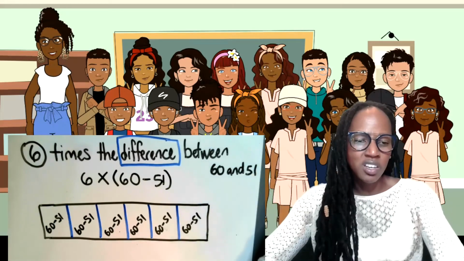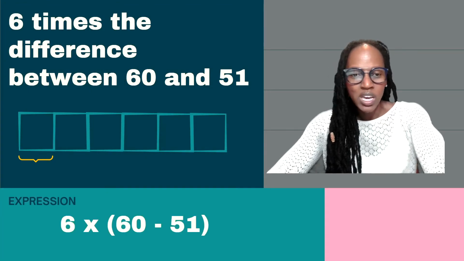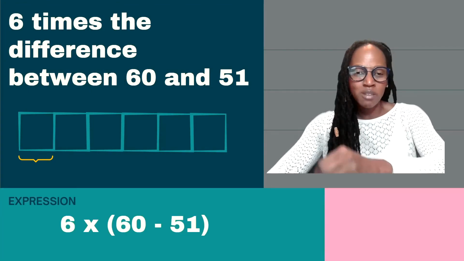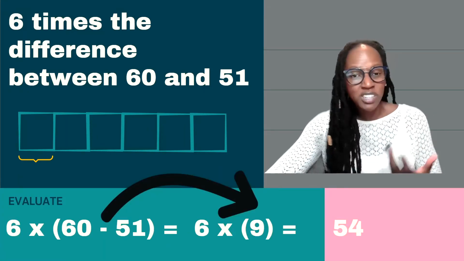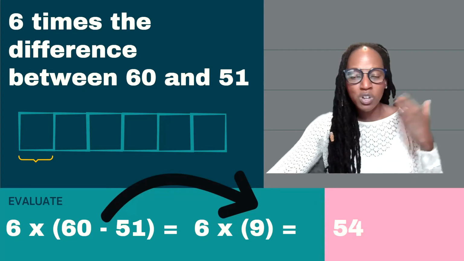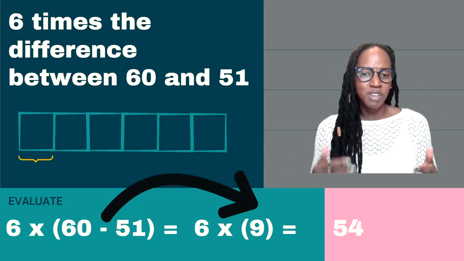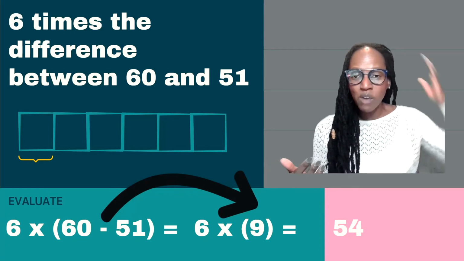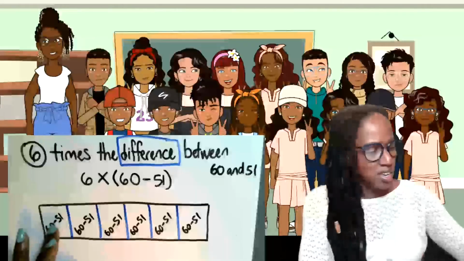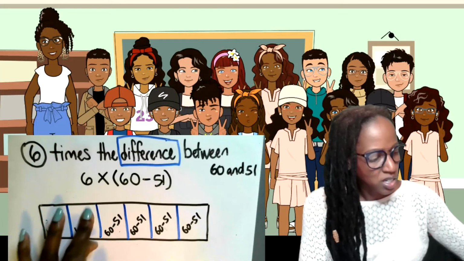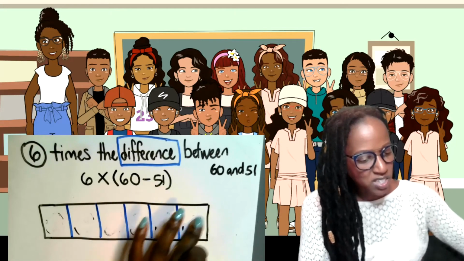So let's take a look at how that might show up, okay? So we have our expression, 6 times the difference of 60 and 51. And what I might do is evaluate that expression. It means I'm going to find the solution. I know that 60 minus 51 is 9. So I replace that in my tape diagram. Each unit now, because I've evaluated the term inside of the parentheses first.